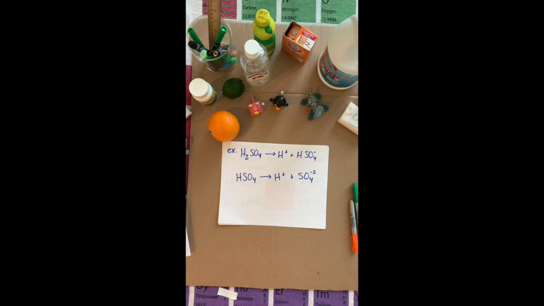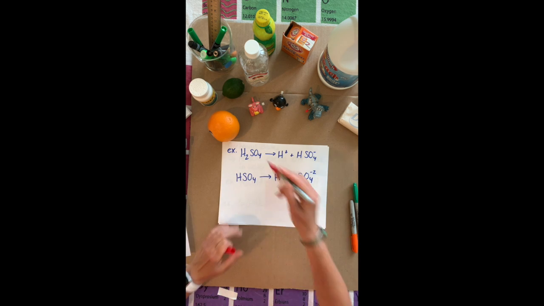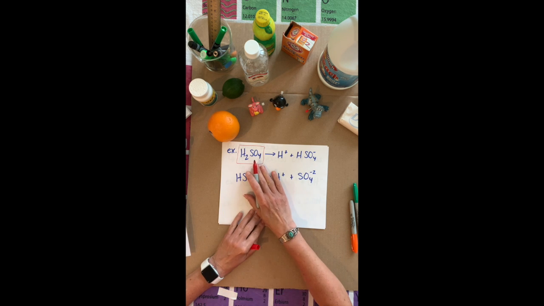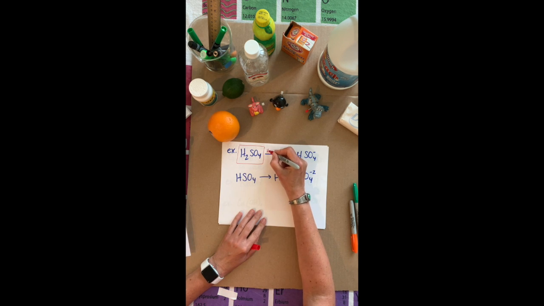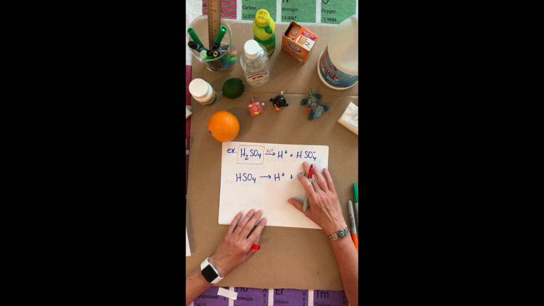Now I have another example here of a molecular acid. This is sulfuric acid. Right, here is our sulfuric acid. This acid, when placed in water, also ionizes into hydrogen ions and this hydrogen sulfate.